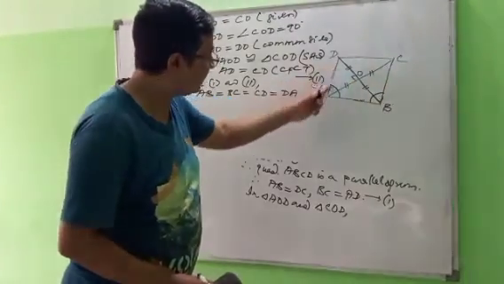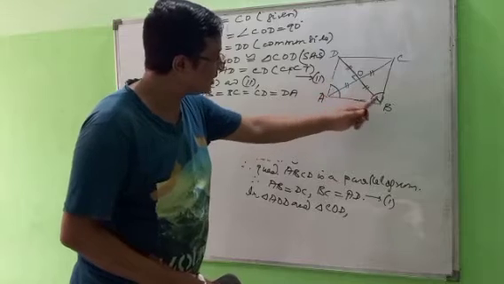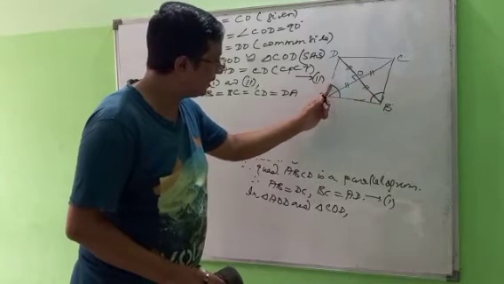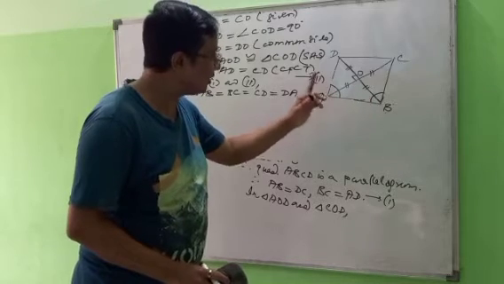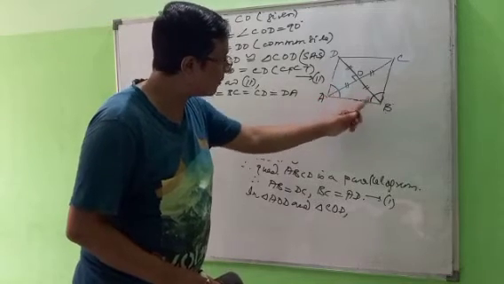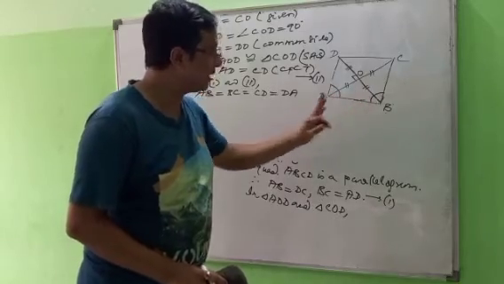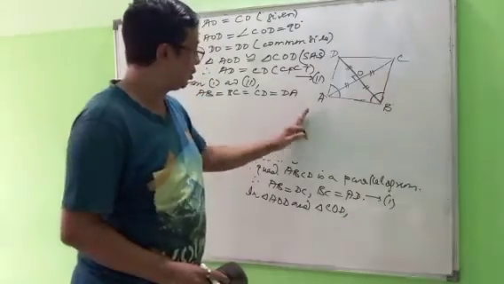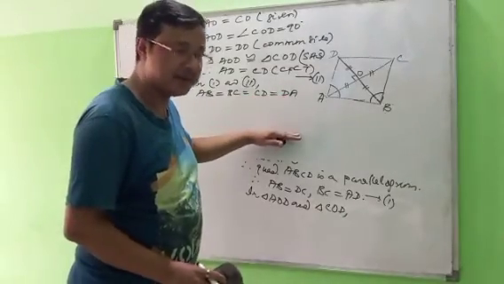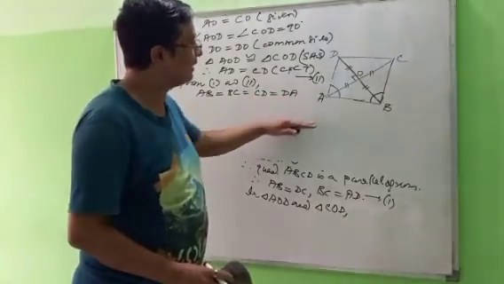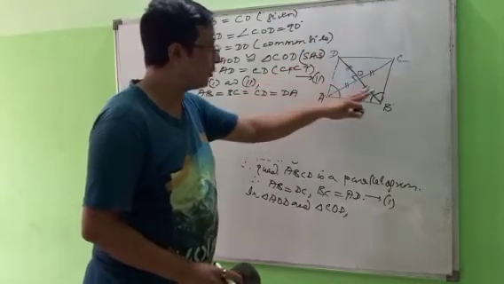That is why AD is parallel to BC. In that case, as these two angles are equal, this angle plus this angle is 180 degrees, and then you will get either angle A or B equals 90 degrees. So that will be the second equation. By comparing this and that final equation, you will get that the given quadrilateral is a square.